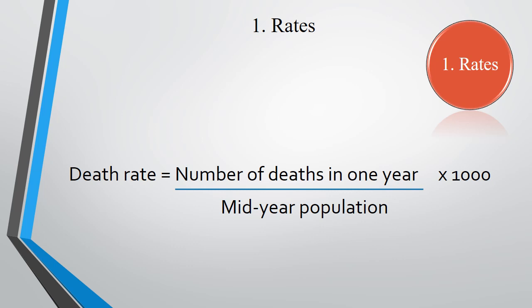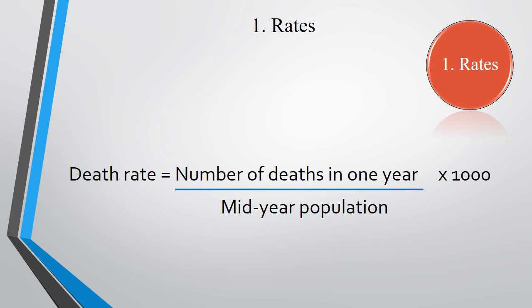Now we will explain number of deaths in 1 year. For example, take AIDS. Throughout 2019, how many persons died due to AIDS? That is the deaths, divided by mid-year population. Mid-year population means they calculate the population in the middle of the year.